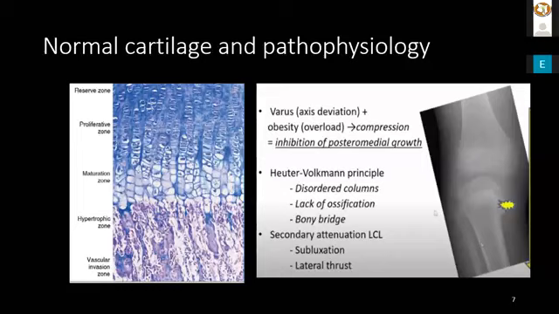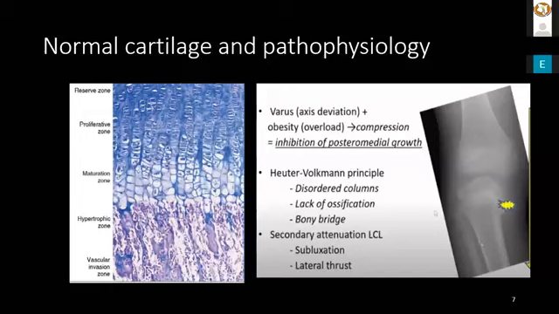But on closer look microscopically, the columns are disordered and there is no ossification. Occasionally, because of this pressure, a bone ledge forms, and that tethers that side of the tibia, the posteromedial side of the tibia. And that, of course, prevents the growth and hence the deformity.